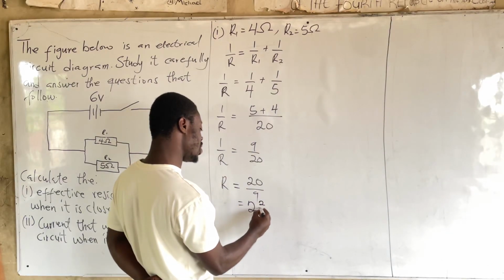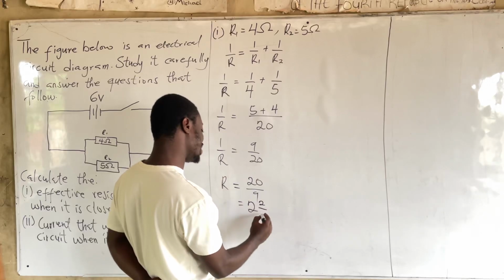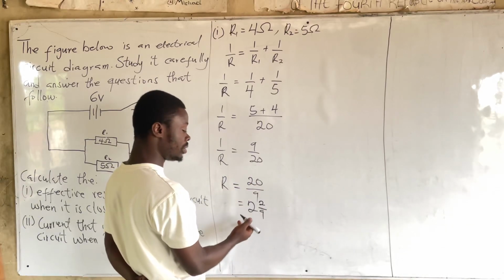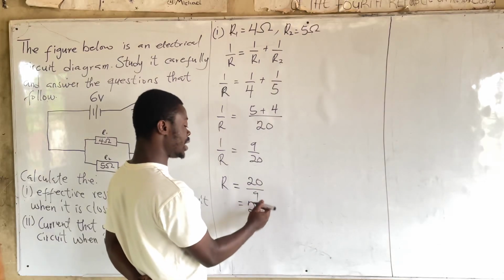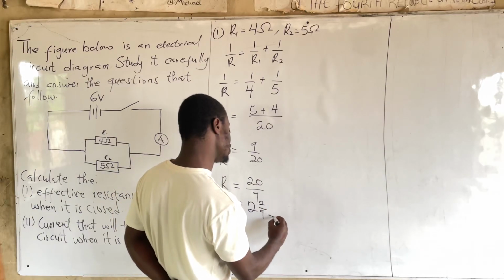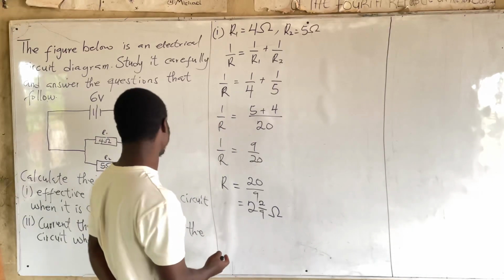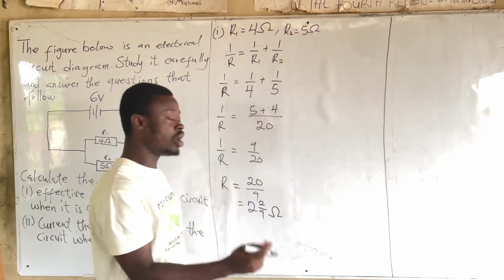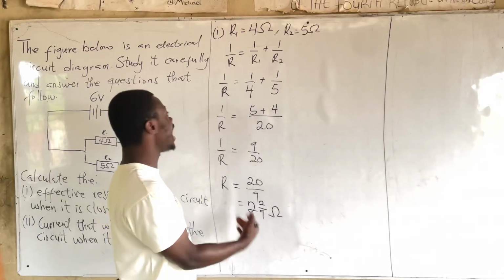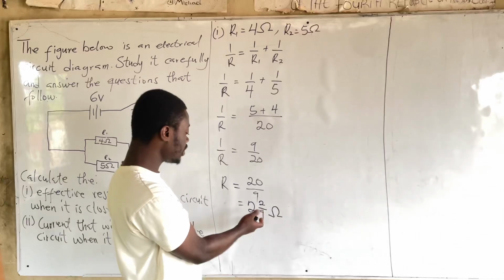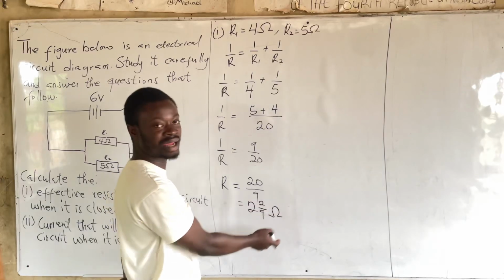So remainder 2 over the denominator here, which is 9. So the final answer is 20 over 9, or 2 whole number, 2 out of 9 ohms. Resistance is measured in ohms. So the effective resistance, or the total resistance across the circuit, is 20 out of 9 ohms, or 2 whole number, 2 out of 9 ohms.